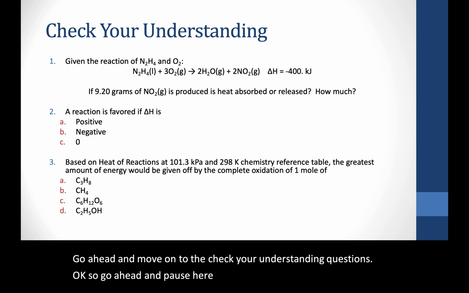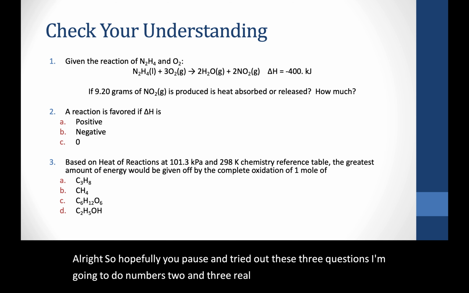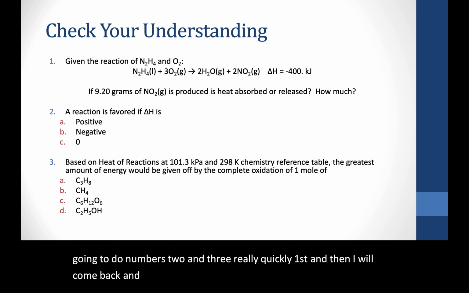Okay. All right, so hopefully you paused and tried out these 3 questions. I'm going to do numbers 2 and 3 real quickly first, and then I will come back and do number 1. So number 2, a reaction is favored if delta H is what? That's a weird question, favored.